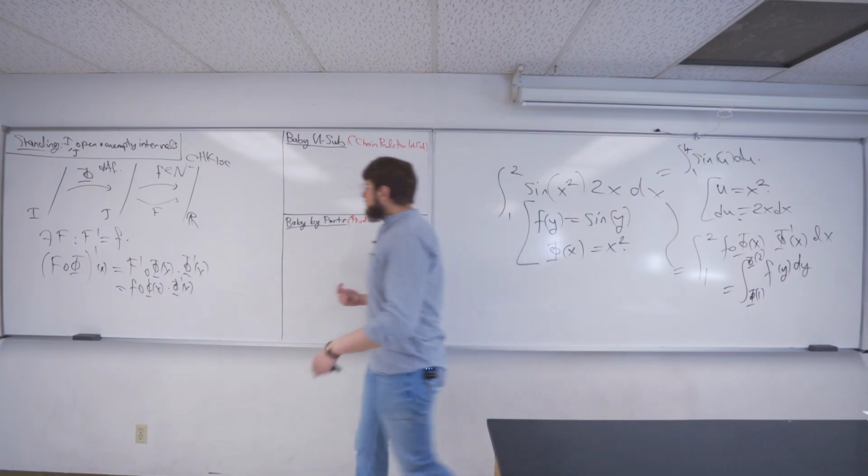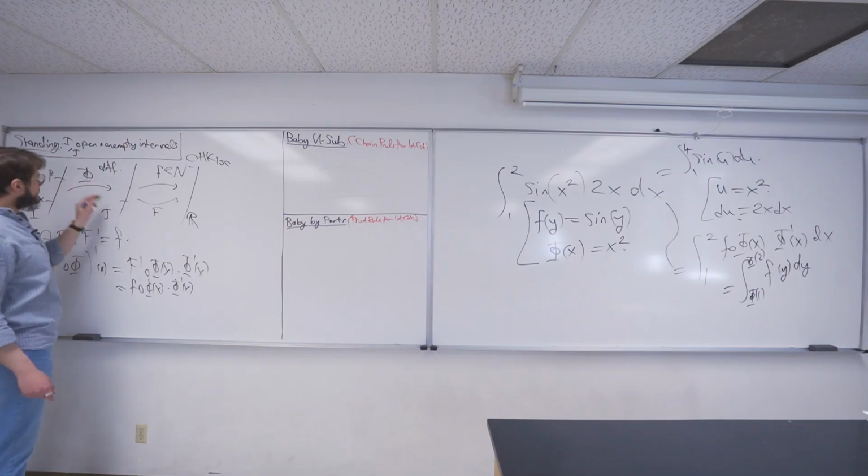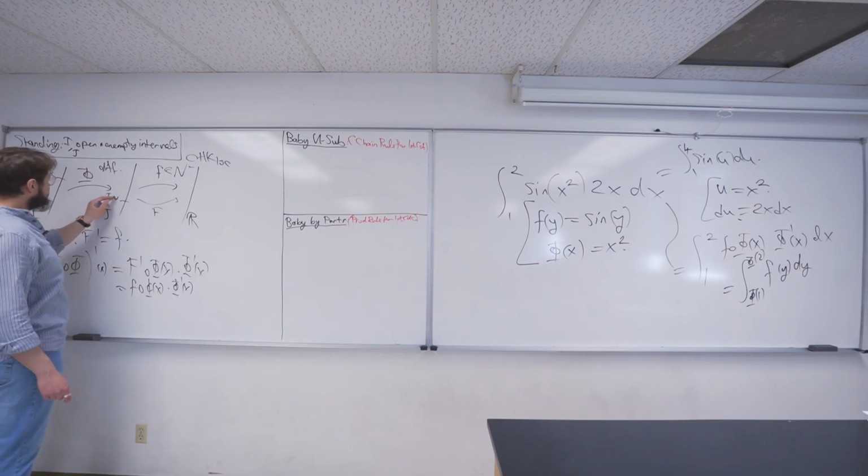And so that means that, say I take 2 points in I, send them to J using my phi function, my change of coordinates function.